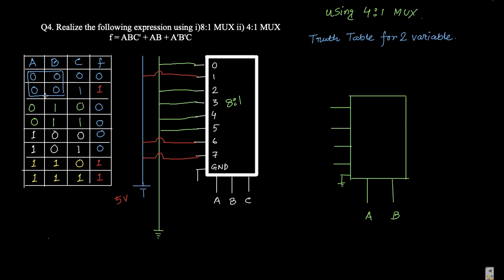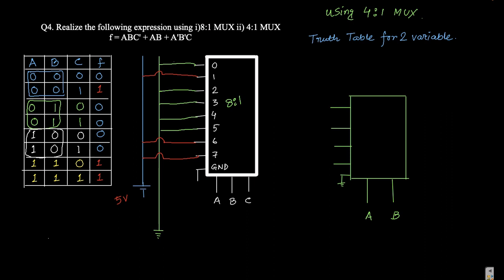So here in this group A and B both are same. In this group A and B both are same. In this group A and B both are same, 1 0 and 1 0, both are 1 0. Only C is changing.